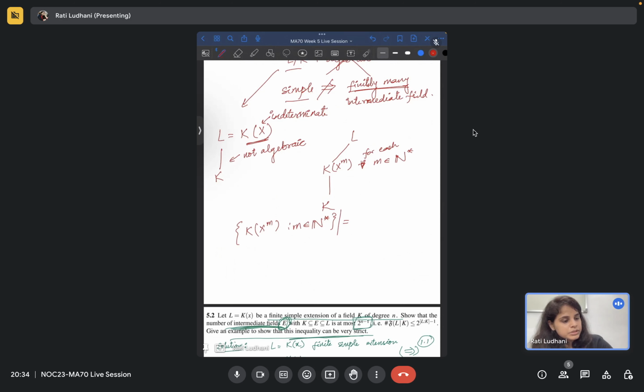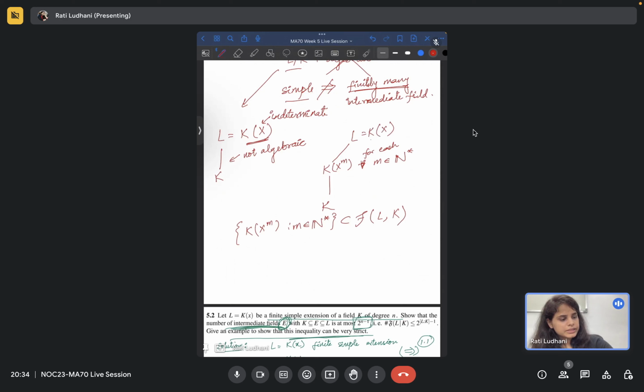So this set is there in the set of intermediate fields between L and k. Why is this in between?